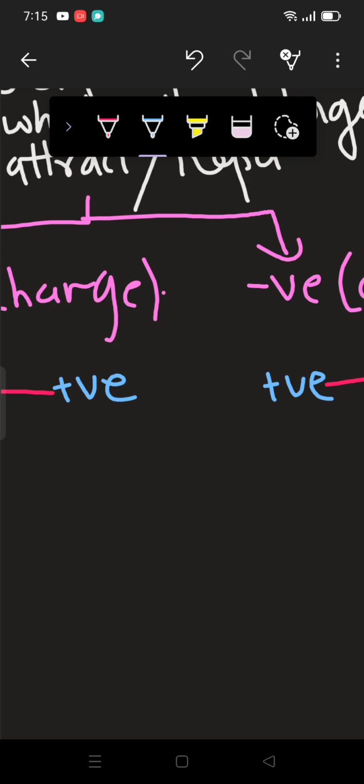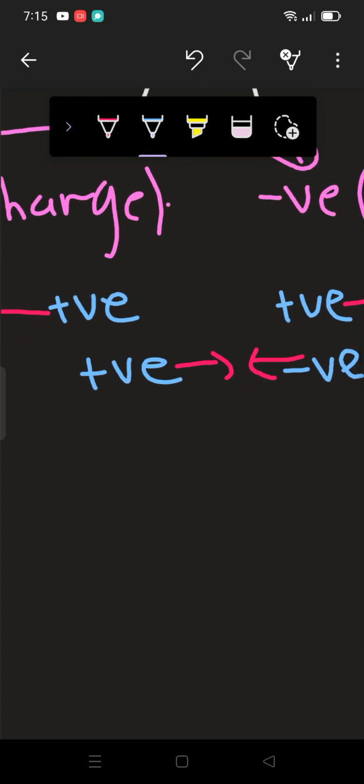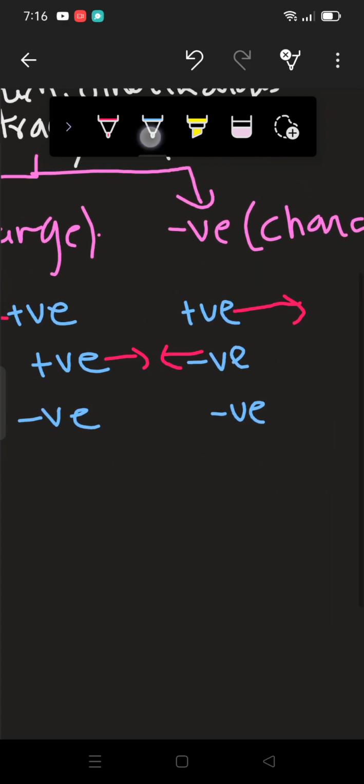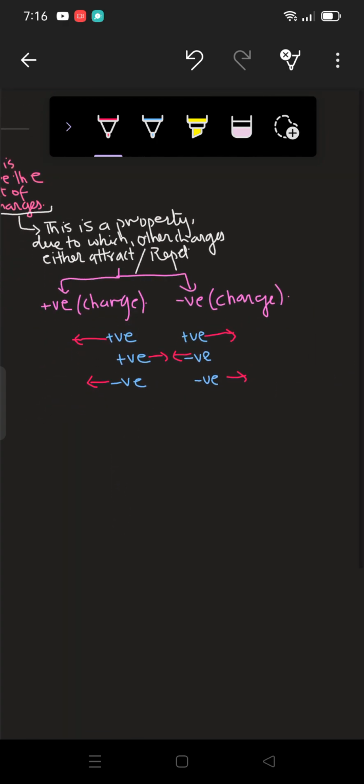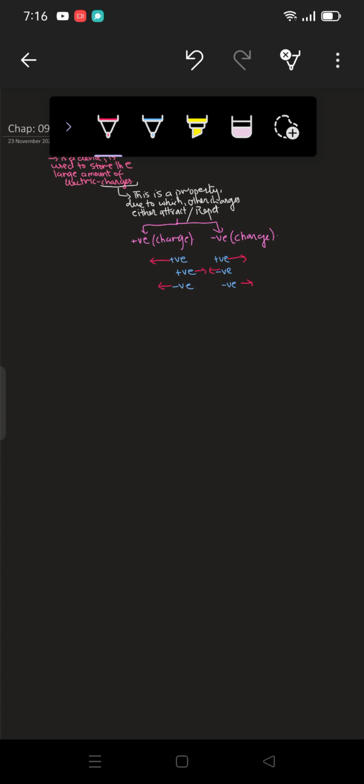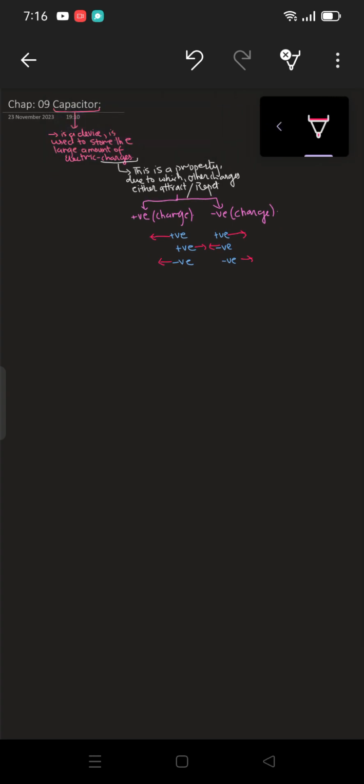Whenever you have opposite charges, like positive and negative, they will attract each other. Negative and negative, being the same charges, will repel. So same charges always repel and different charges attract. This property is what we call the electric charge.